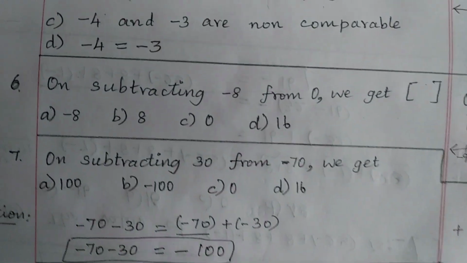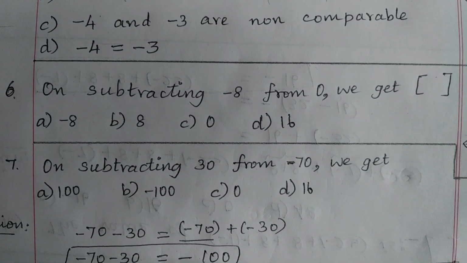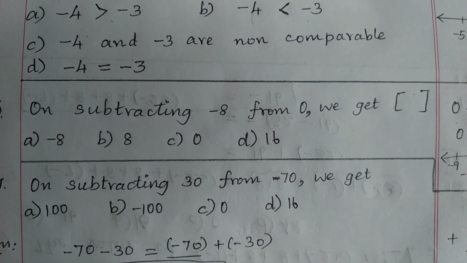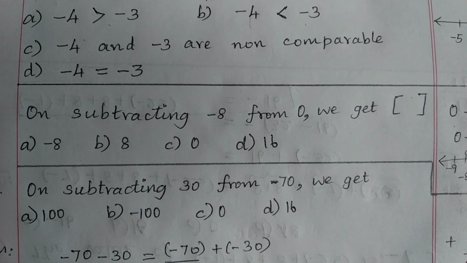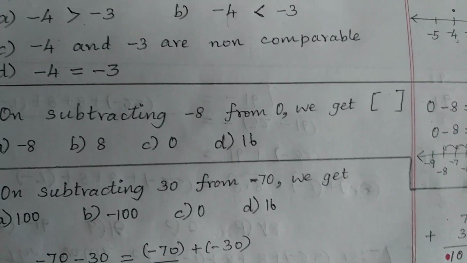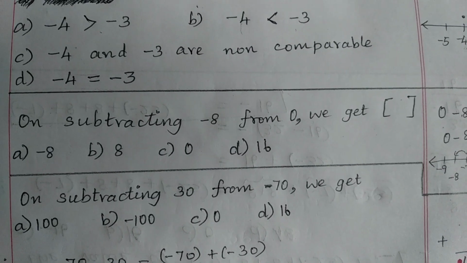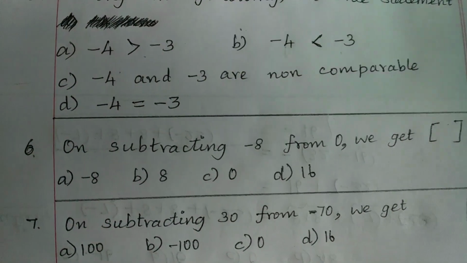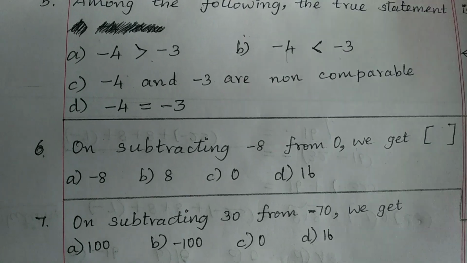On subtracting minus 8 from 0, we get dash. So, what should we do? From 0, subtract minus 8. So, 0 minus of minus 8.